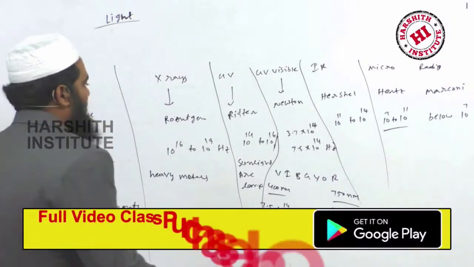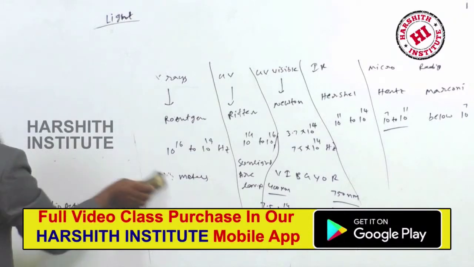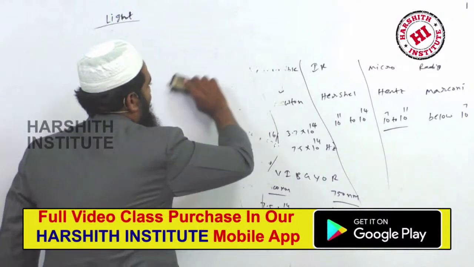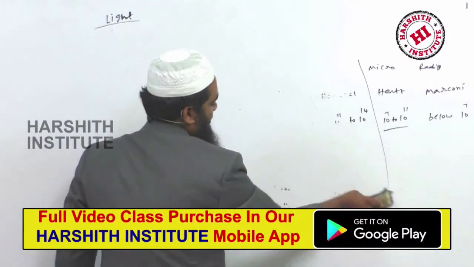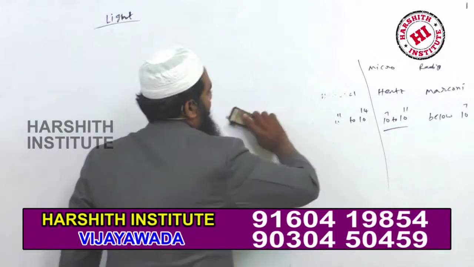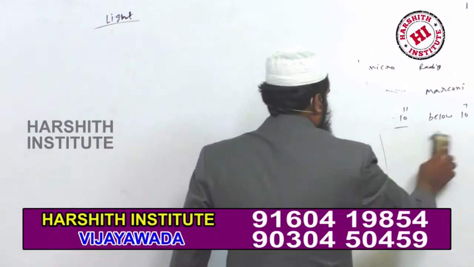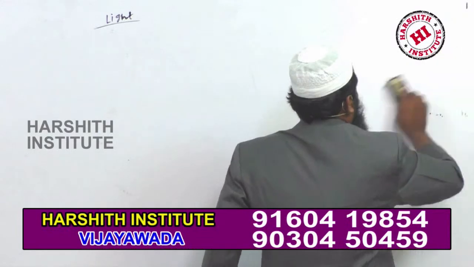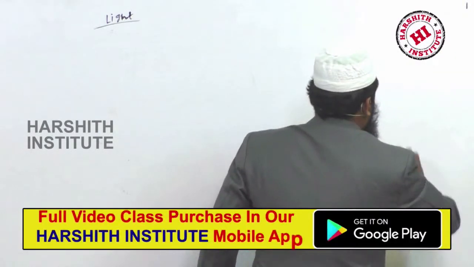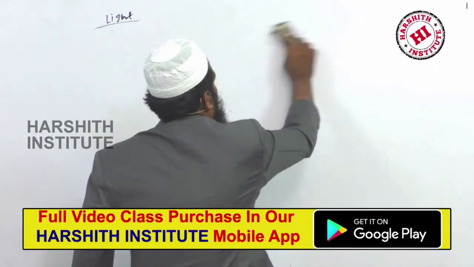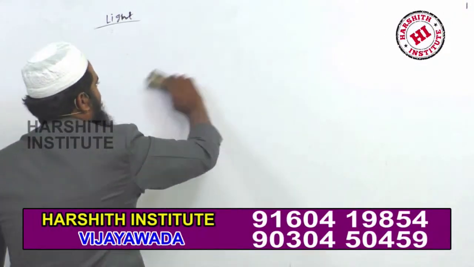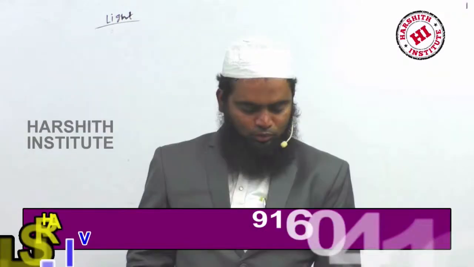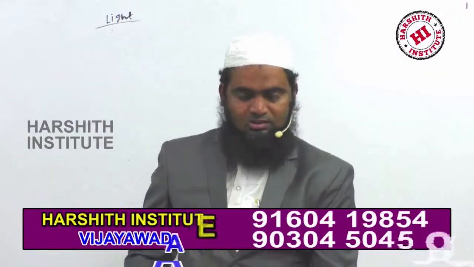Now we are discussing the properties of light. There are many properties we can discuss, but in our examination they ask about four to five properties of light.